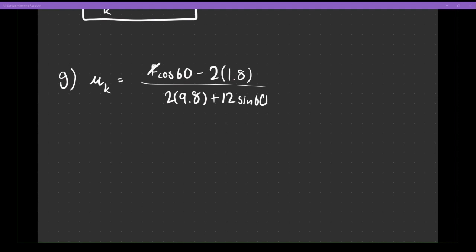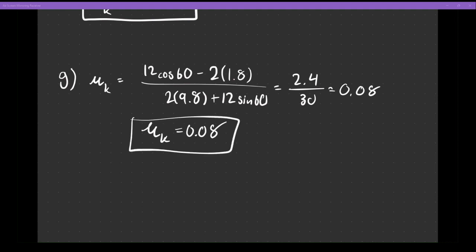Let me just replace this F right here too with 12. So when you do this, you get 2.4 over 30, which is 0.08. So you get mu k is equal to 0.08.